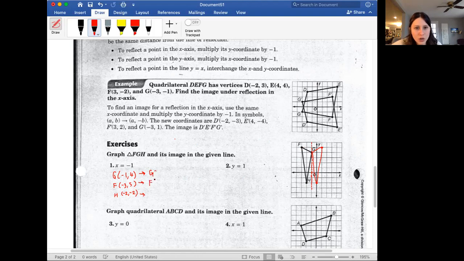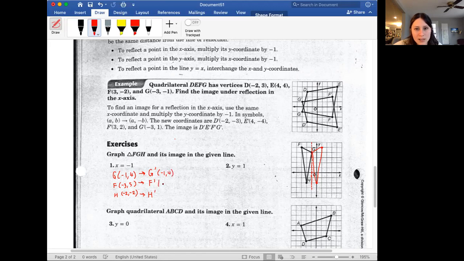We also show an image that's been reflected or gone through a change by putting a little apostrophe on the side to show that it's gone through one change. If there are 2 changes, we would put 2 little apostrophes there. So this shows that it's gone through a change, and then we could say this is still at -1, 4.